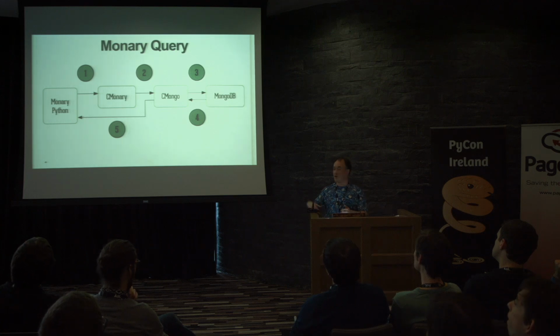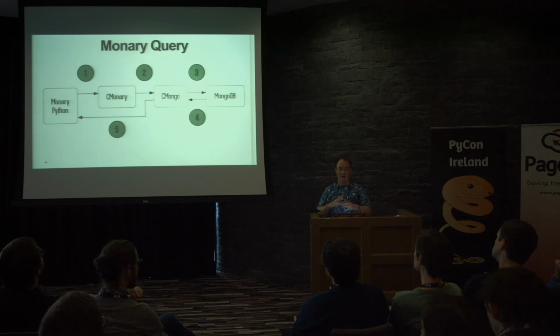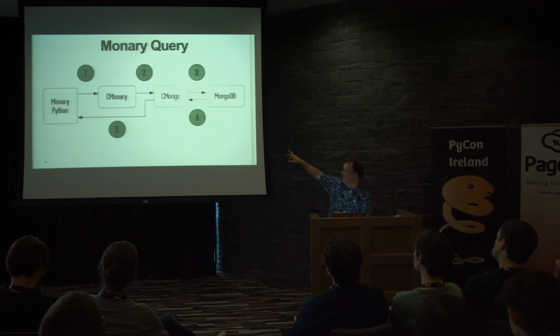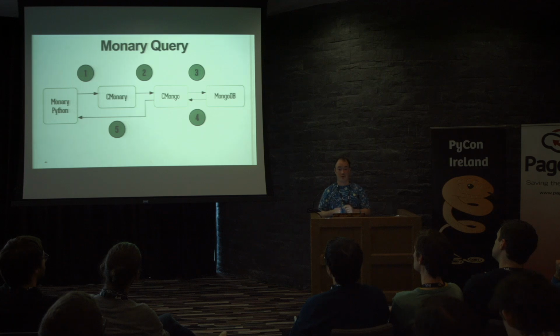The first stage goes down to C Monary, formats that in the appropriate way for the C driver. That calls the database, goes back to the C driver, which is smart enough to realize it doesn't actually have to go back to that extra stage.